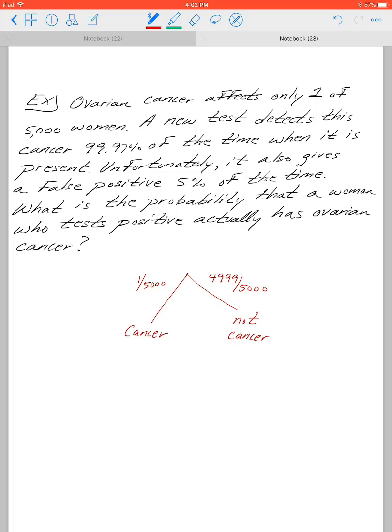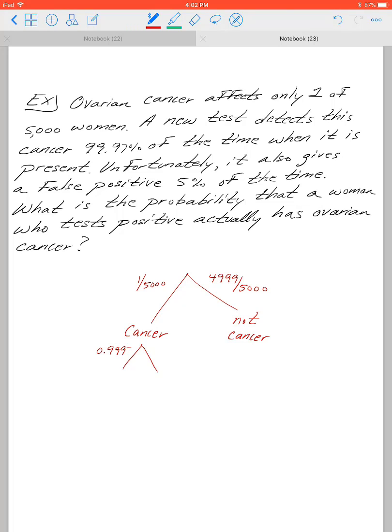Now, the way I got this number on the right-hand side, this 4,999, is remember at every place that the tree will branch, it should add up to be 100%, or a 1 if you're looking at fractions or decimals, right? So when I knew that 1 out of 5,000 did, then of course for not cancer, I can simply say, okay, well then that means the other 4,999 did not have cancer, okay?